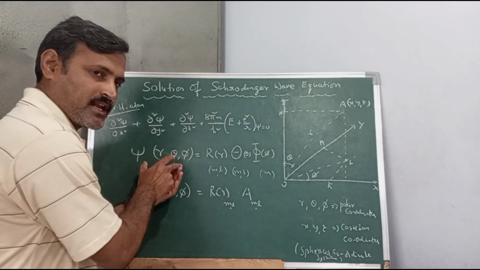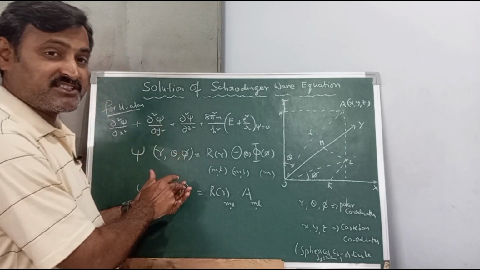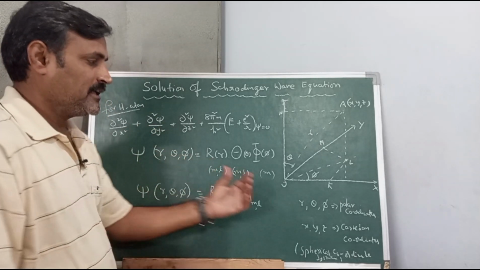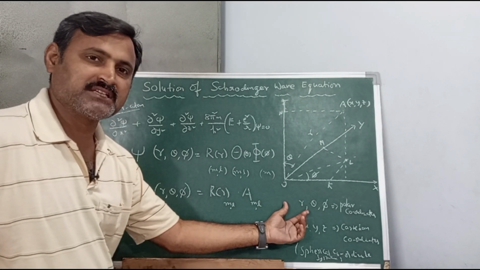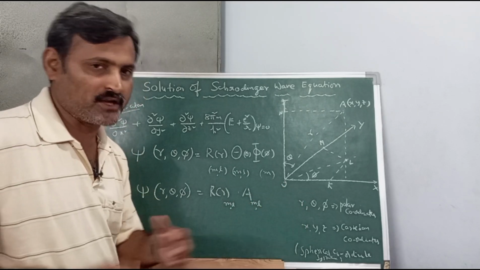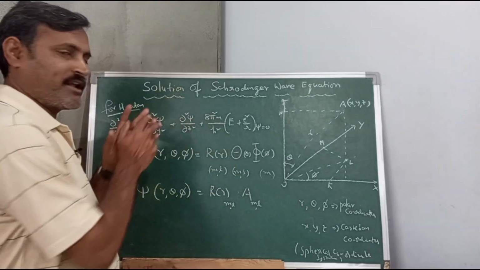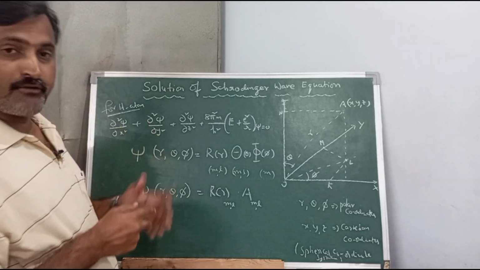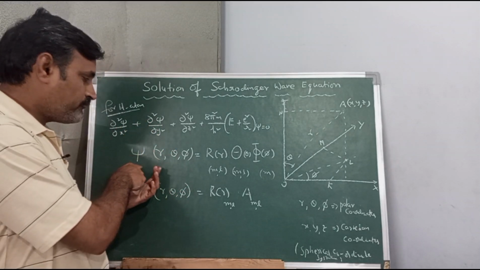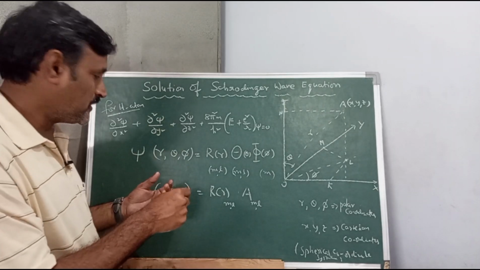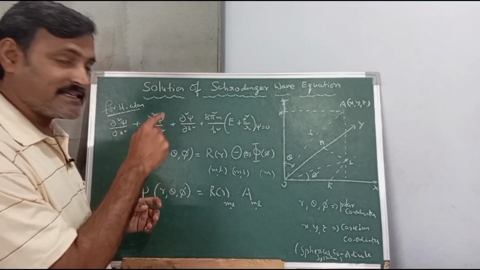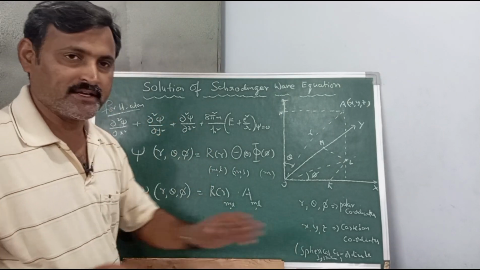So we will express the wave function from now onwards by substituting the polar coordinates in place of Cartesian coordinates in the Schrodinger wave equation. By that time we will get a solution of the wave function, expressed in terms of polar coordinates instead of Cartesian coordinates.